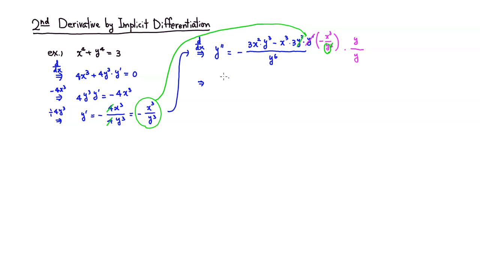So y double prime is equal to, the negative sign is still sitting there. Then I'm going to combine y to the 6th and the y, and you're going to get y to the 7th power. Then we're going to have some common factors, maybe I should pull those out.